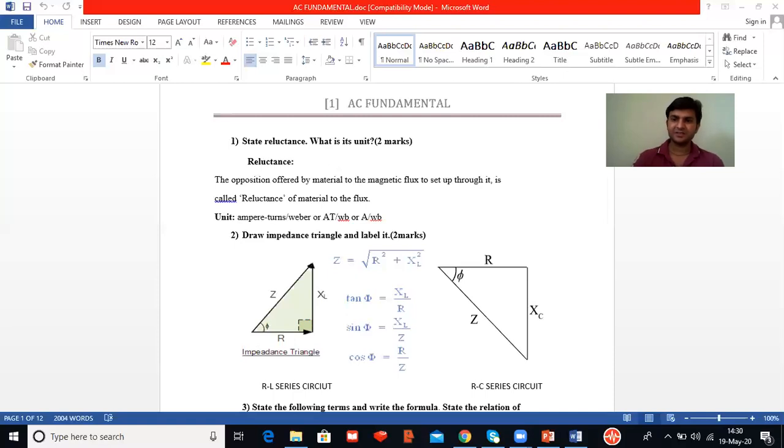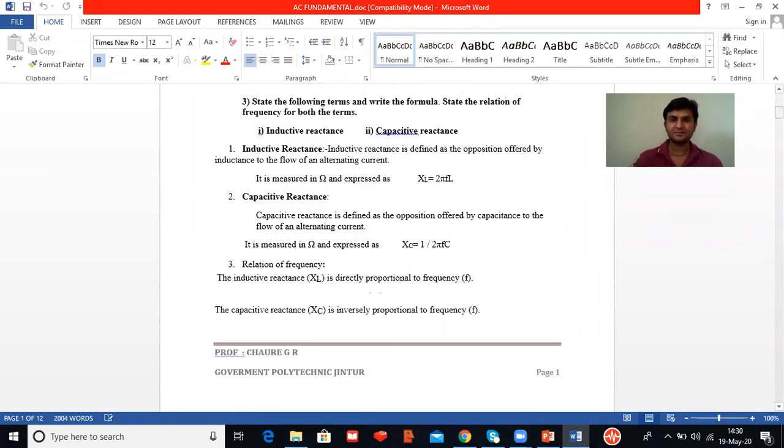The next question is: state the following terms and write the formula and state the relation of the frequency for both terms, that is inductive reactance and capacitive reactance.